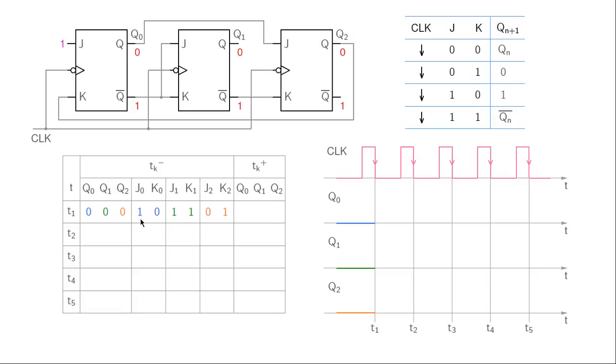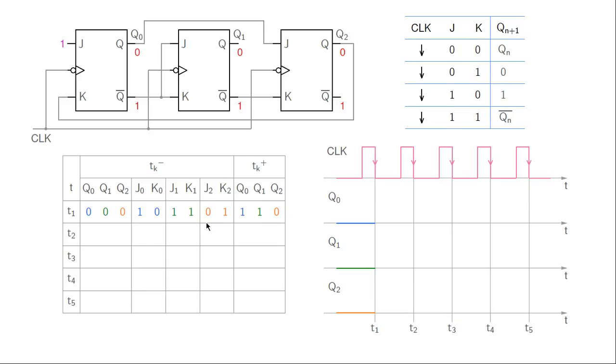For example, J0, K0 are 1, 0. That brings us here, and that says that Q0 is going to be 1, like that. What about Q1? J1, K1 are 1. That means Q is going to toggle. So our Q1, which was 0 earlier, will now become 1.